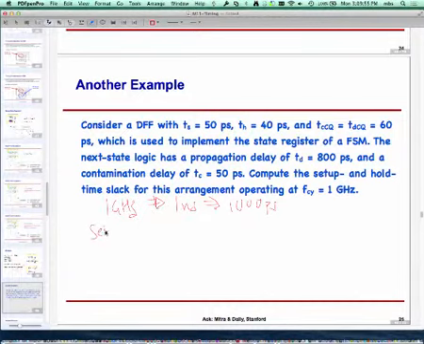So can someone help me out? Let's look at setup. Why don't you just compute it? Margin.